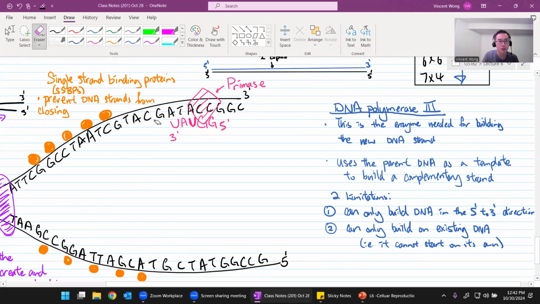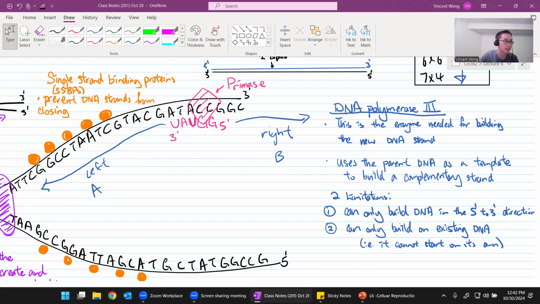When the DNA polymerase 3 continues the work, is it going to go this way to the left, towards the fork, or is it going to go that way, away from the fork? A or B? Let me do the poll again. Which way will we build the DNA? Which direction? Okay, read the limitation.